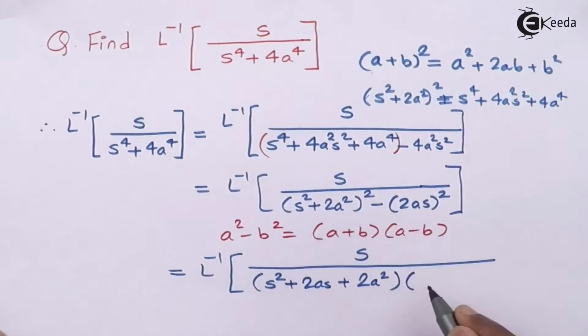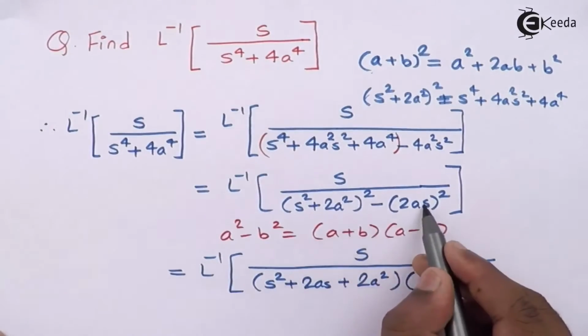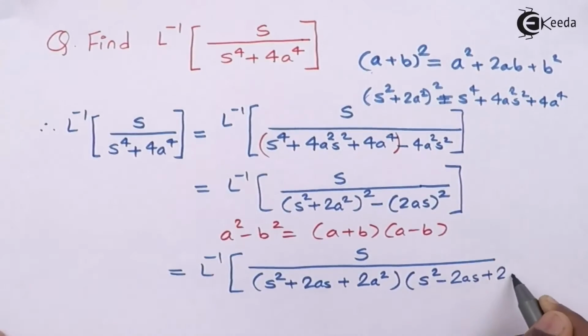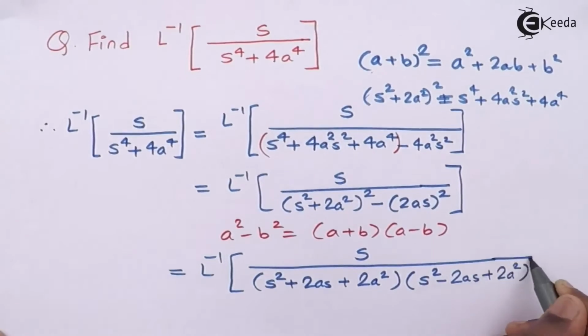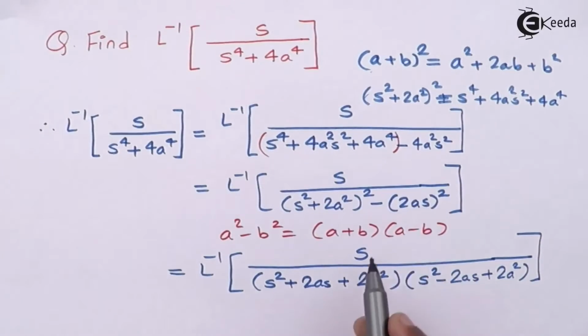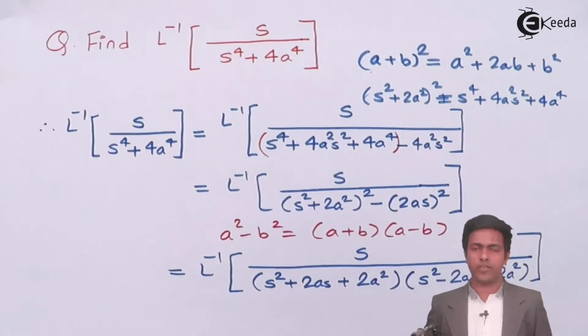Now we'll subtract these two terms. So s square as it is, and I'll subtract this term first, so negative 2as plus 2a square. Here we have added this term and then subtracted this term. Now to get the L inverse, I have to find the L inverse of this function.